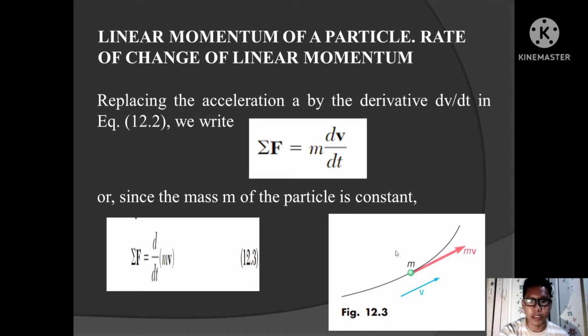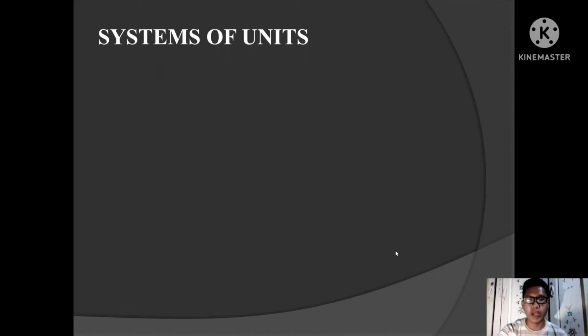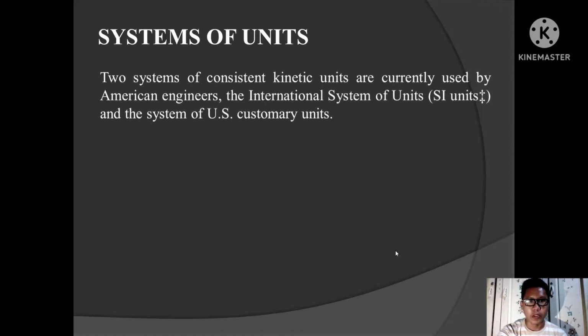So next one is about the system of units. We have two systems of units that are discussed in this chapter. Two systems of consistent kinetic units are currently used by American engineers: the International System of Units, or the SI units, and the system of US customary units.